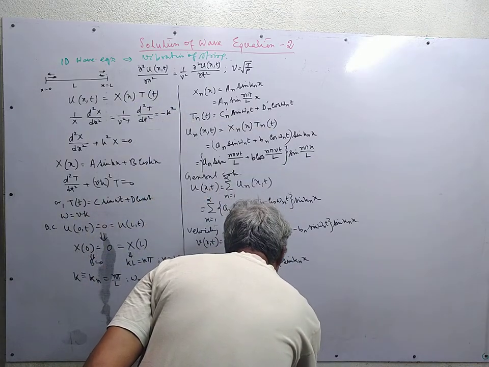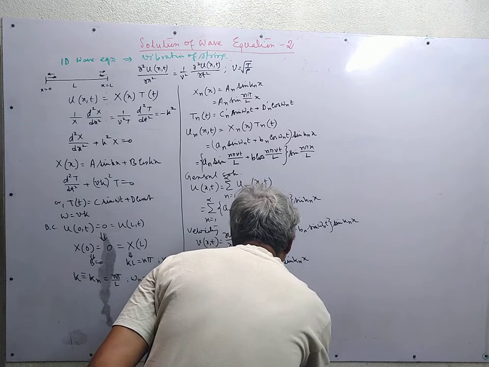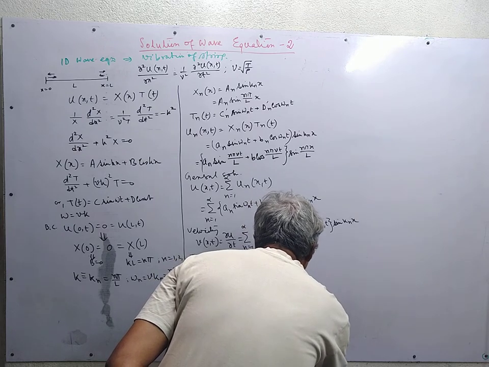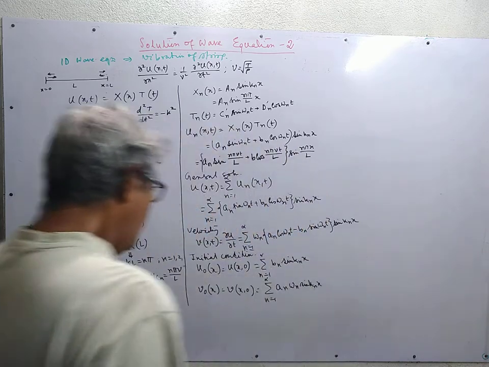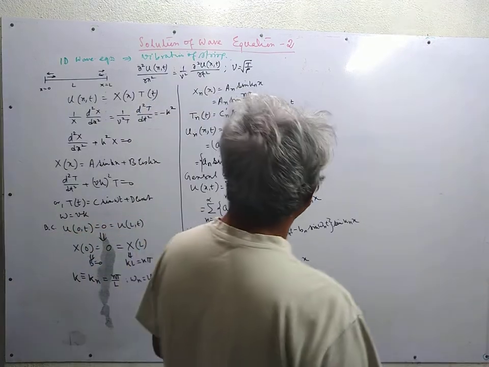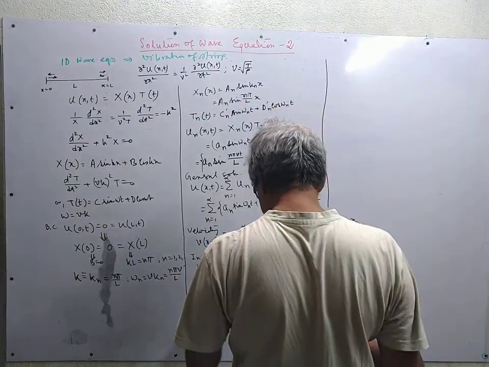Summation over n equal to 1 to infinity, a n omega n sine of k n x. If we know u0 and v0, then bn and an can be obtained as we have done in Fourier series.